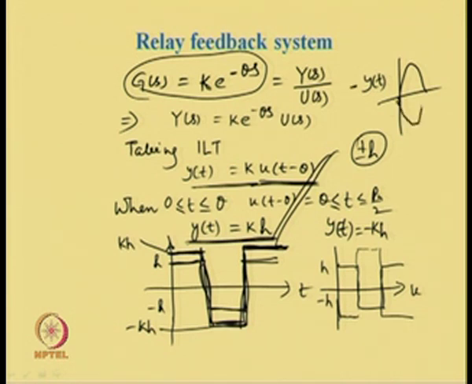So, minus y(t) will be like this, and corresponding output from the relay will be a negative rectangular pulse. So, going by that, the output of the relay will be like this, and corresponding output of the system has to be of this form if the system is not having any time delay.